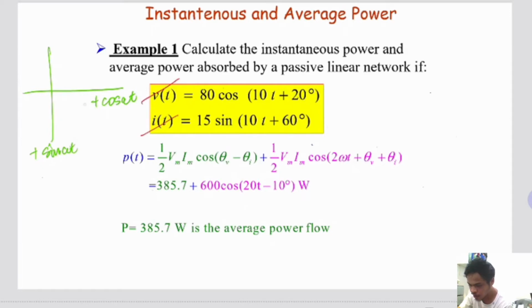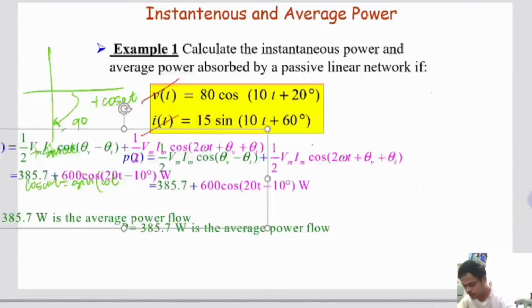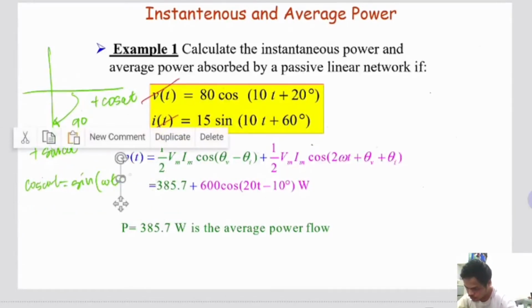And going down is actually negative 90 degrees if it is in the clockwise direction. Cosine omega t is equivalent to sine omega t, and going in the clockwise direction, we have minus 90 degrees.